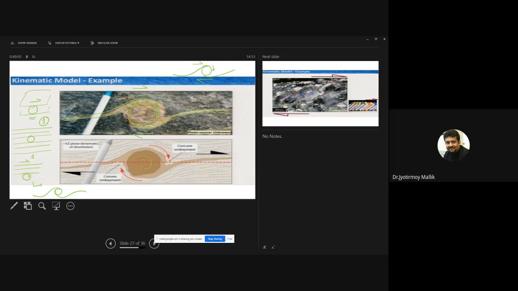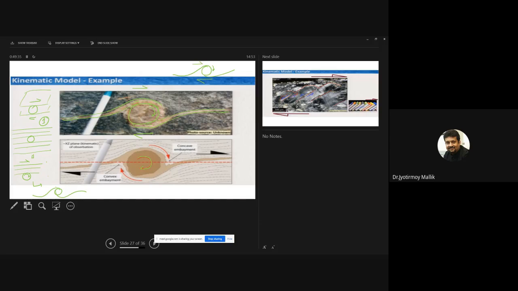When I am talking about these three steps, I'm talking about the kinematics. So this set of layers suffered dextral shear, the porphyroblast rotated and created this structure. This is the kinematic model. That's about it. Of course, you can also date this porphyroblast.